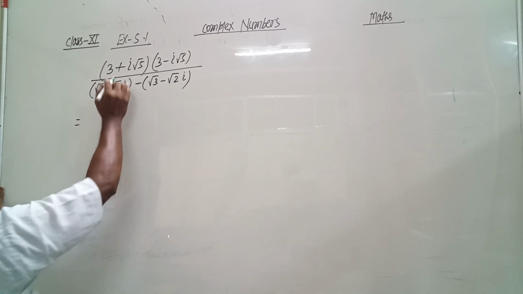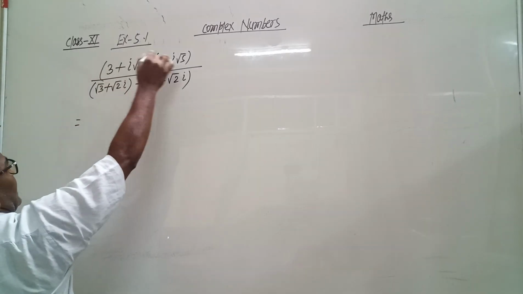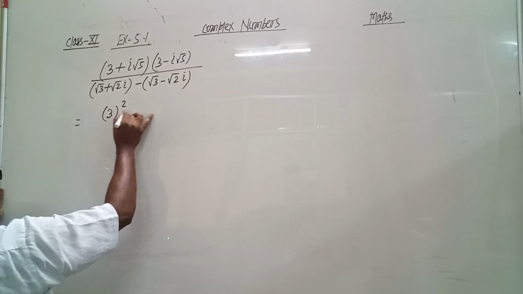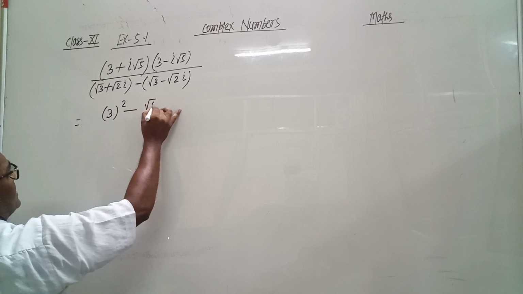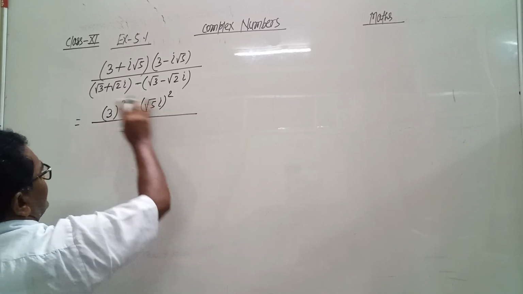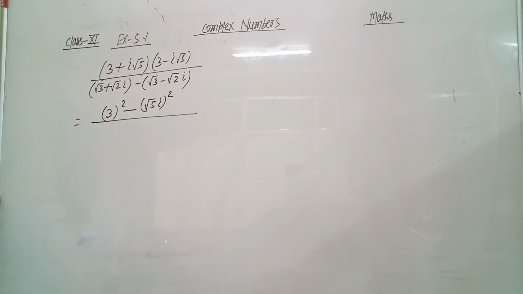In the numerator we use the identity a plus b and a minus b, so a square minus b square means 3 squared, 9, minus root 5 iota the whole square, and the denominator term we expand.